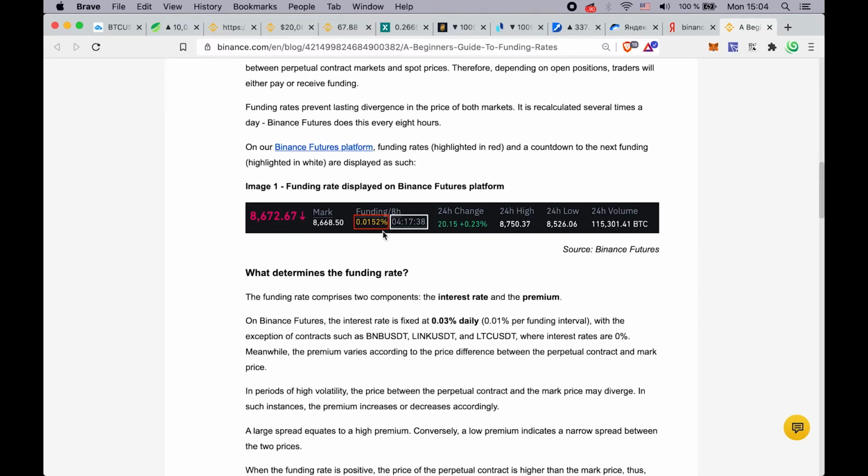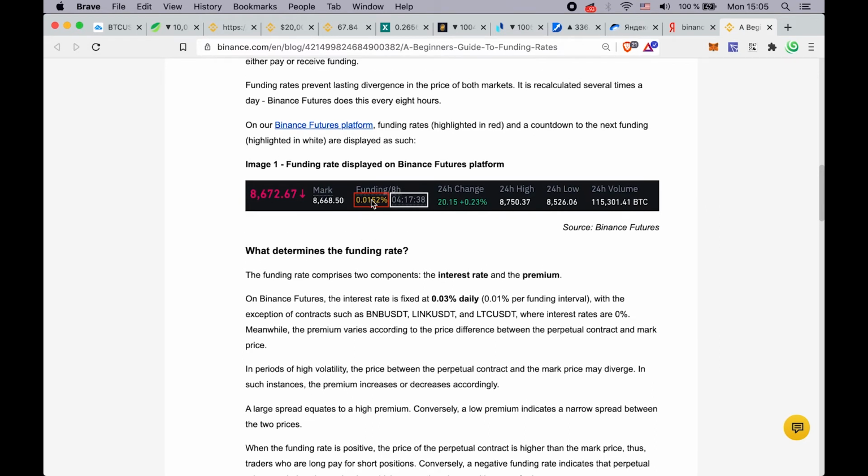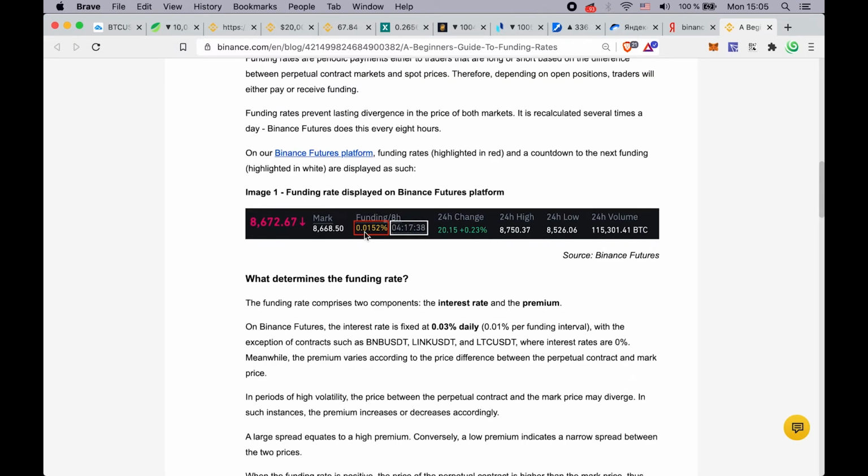Every 8 hours, longers will pay shorters 0.01% or a different percent, which is the funding rate. And if there are more shorters than longers, more bears than bulls, the funding rate will be negative, and bulls will provide liquidity to the order book. That means bears will be paying bulls.